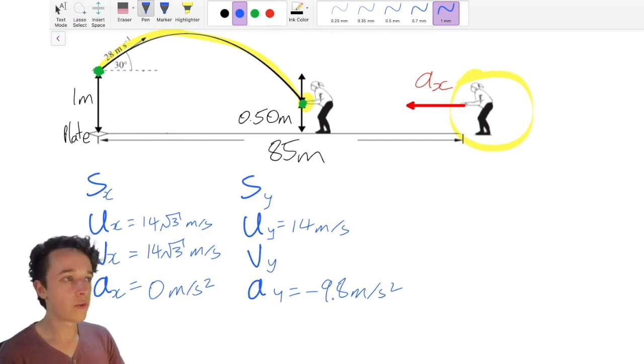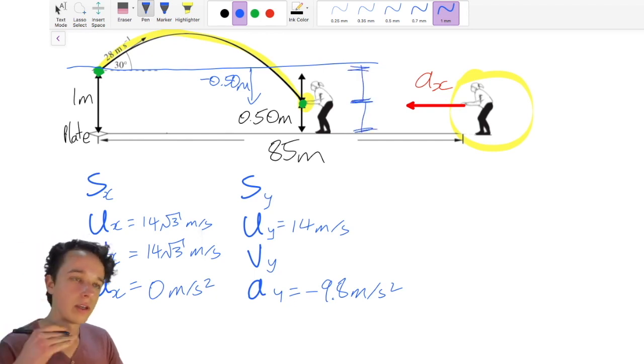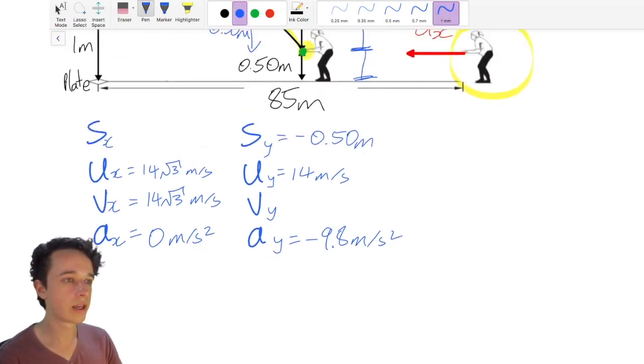So from this reference point, from this height, what is the displacement of the projectile at the final position? Well, it's not 0.5, it's negative 0.5, because this whole height here is 1 meter, and the ball is half a meter above the ground, and so that leaves half a meter from the initial height, right? So the displacement in the y component is negative 0.50. Do we know anything about Vy?